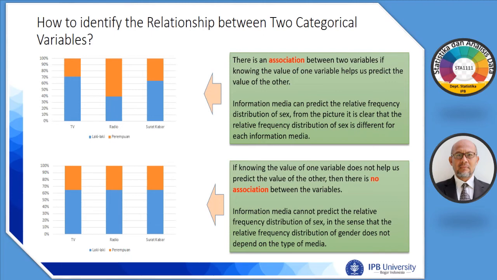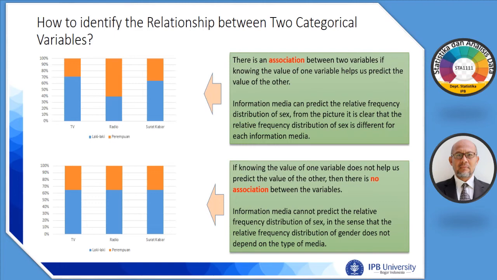So if we have a graph like this, we can say that if knowing the value of one variable does not help us predict the value of the other, then there is no association between the variables. In the bottom graph, information media cannot predict the relative frequency distribution of sex or gender, in the sense that the relative frequency distribution of gender does not depend on the type of media.